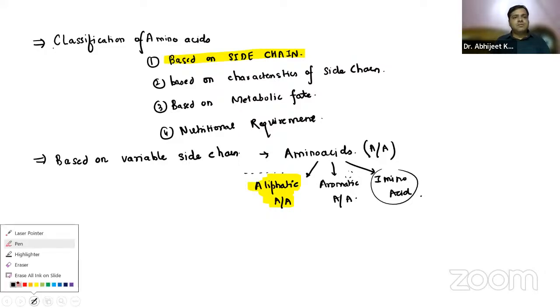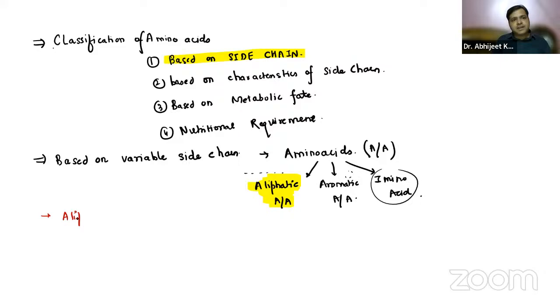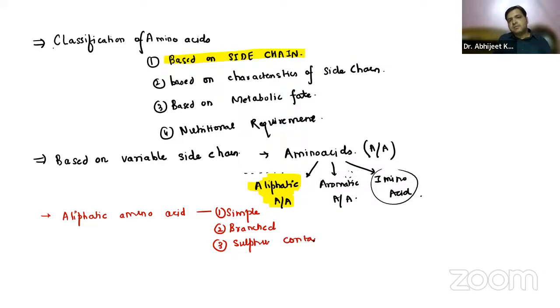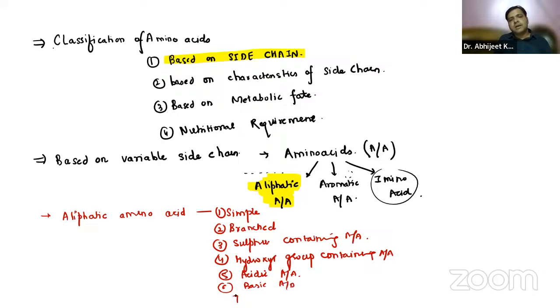So just remember, guys, that aliphatic amino acid is further divided into simple aliphatic amino acid, branched amino acid, sulfur containing amino acid, hydroxyl group containing amino acid, acidic amino acid, basic amino acid, and amides.